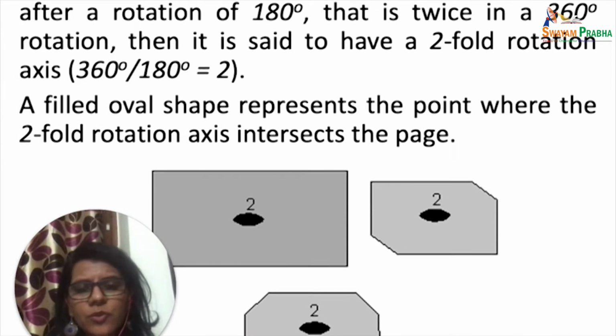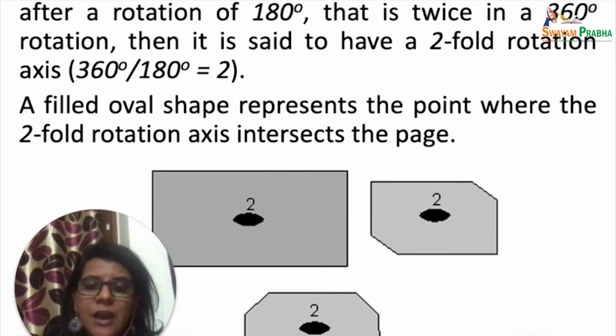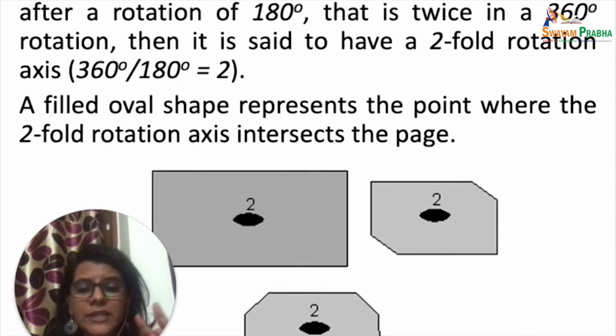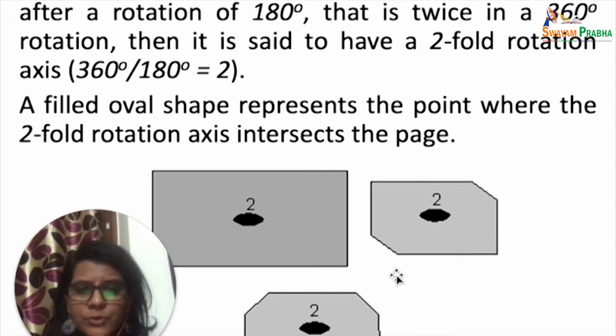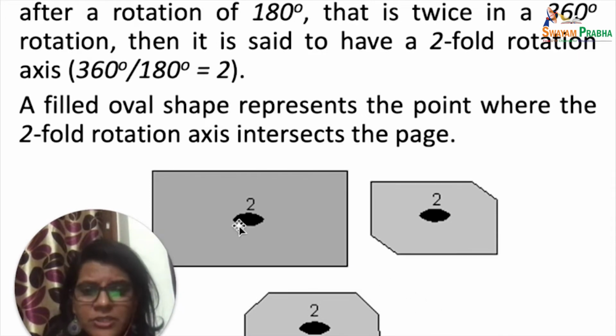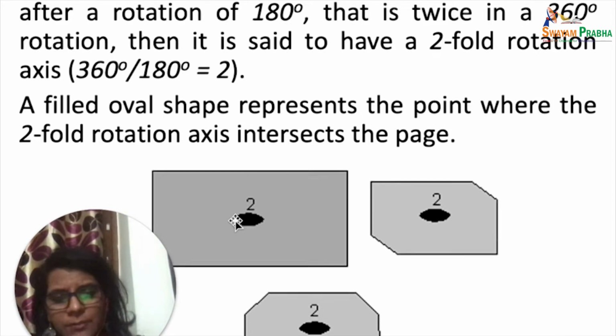What is a twofold rotation axis? If I get an identical structure after a rotation of 180 degrees, that is twice in a 360-degree rotation, then it is said to have a twofold rotation axis. Please see these examples. In all these three examples, please imagine there is an imaginary line which is either extending towards you from the screen or is perpendicular to the page or the blackboard.